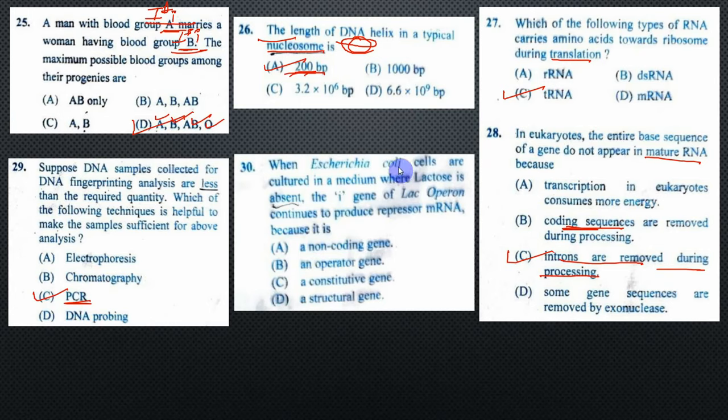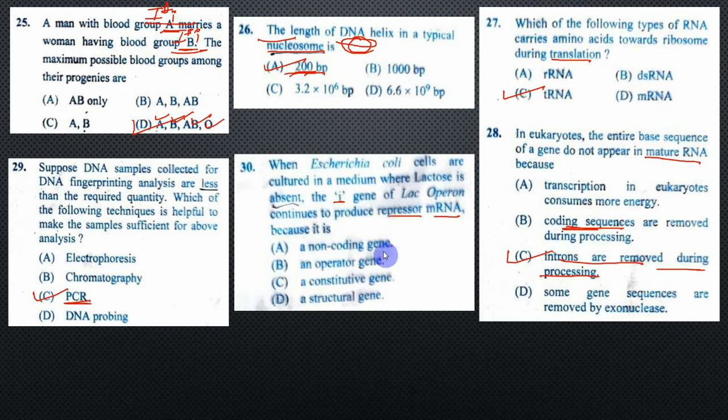Moving on, when Escherichia coli cells are cultured in a medium where lactose is absent, the I gene, that is the inhibitor gene of the lac operon, continues to produce the repressor mRNA because it is: option A, a non-coding gene, option B, operator gene, option C, constitutive gene, and option D, structural gene.